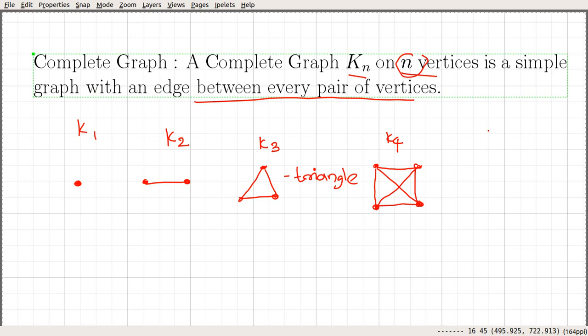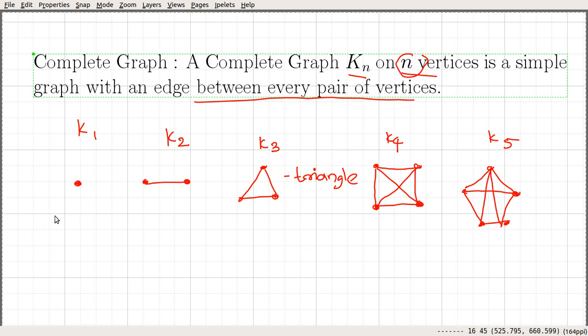Let's look into one more, K5. It has 5 vertices and an edge between each pair of vertices.